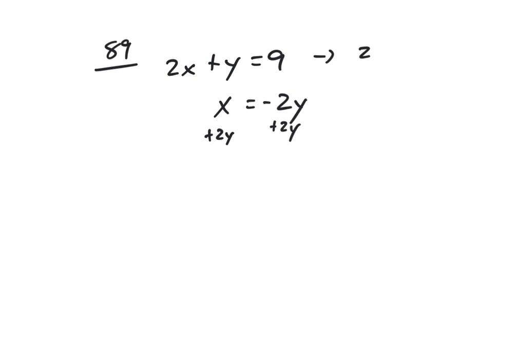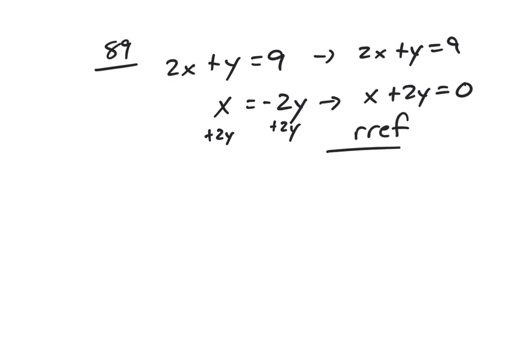So I'm going to keep the first equation the same. The second equation would be x plus 2y equals 0. And now you can put it into your calculator, and you can do RREF, okay?